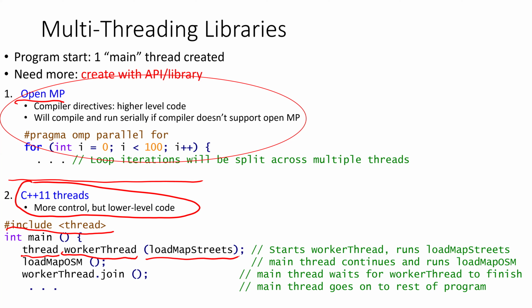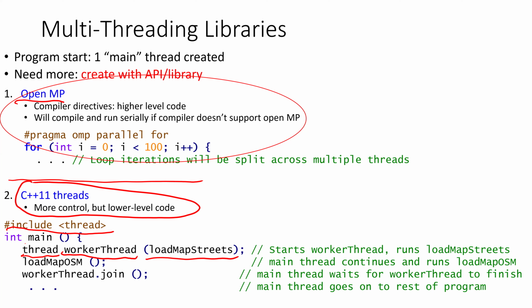So I'm telling it, I want you to make me a thread, and I want it to start running load map streets. Remember, the databases we give you are divided into 2 parts. There's the streets database and there's the OSM database. So let's say I wrote this function to just load the streets database and process everything I need from there. Any data I need to calculate, like street segment lengths, I do it all there.